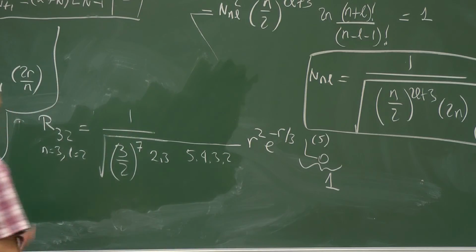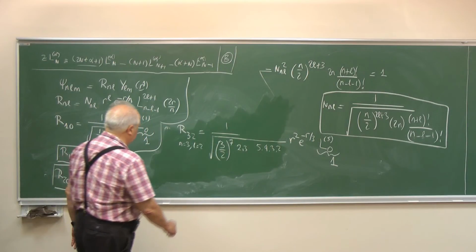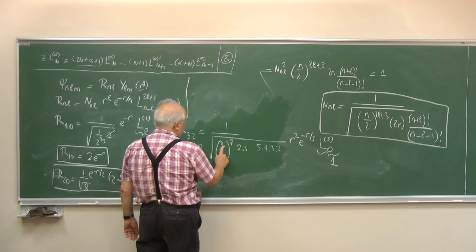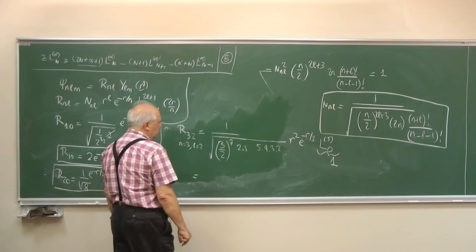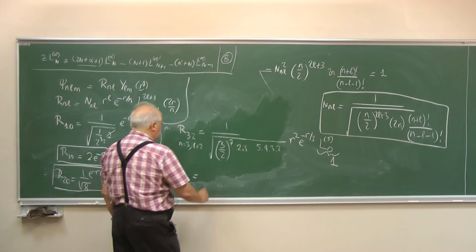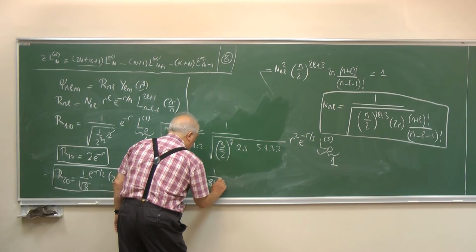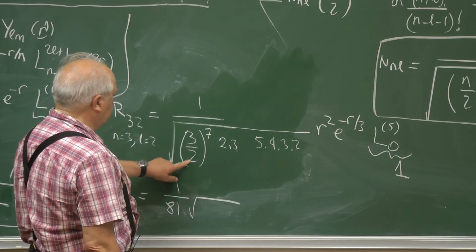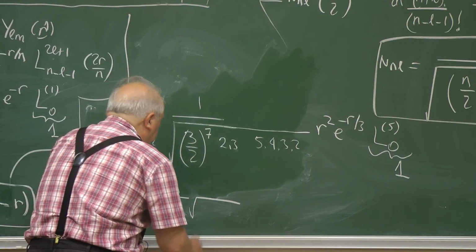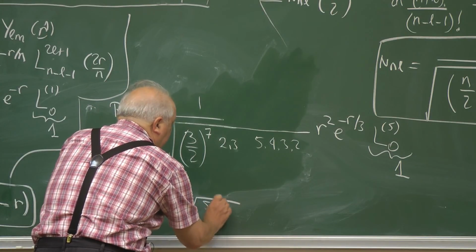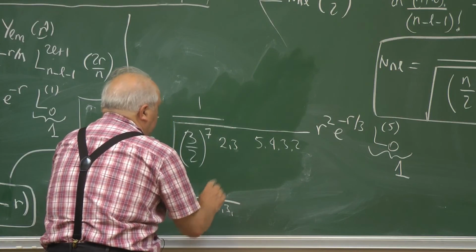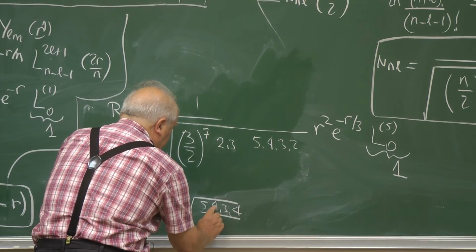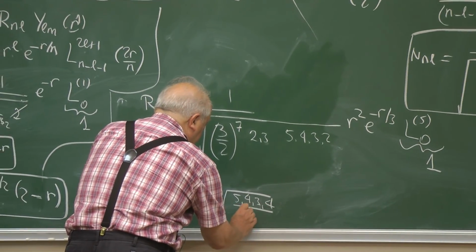So let's compute. All we have to do is to compute the normalization coefficient. 3 makes 3 to the 8. Goes out as 3 to the 4. 3 squared is 9. 9 times 9 is 81. So it is 81 square root. So I have 2 to the 7. So I have 5, 4, 3, 2 times 2 is 4, divided by 2 to the 7. So this is 2 to the 7.